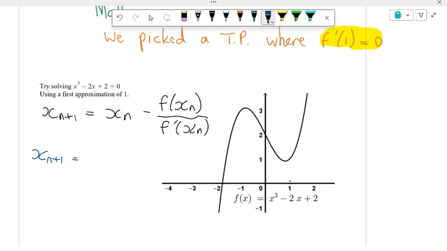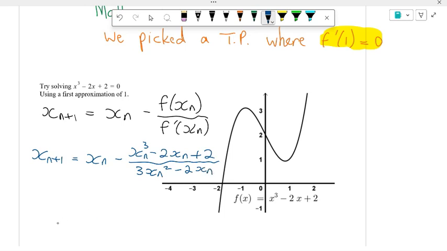I don't think 1 is a turning point here. Yeah, it's close, quite close, but I don't think it is a turning point. So this one's going to be xn cubed minus 2xn plus 2, and the derivative is obviously 3xn squared minus 2.